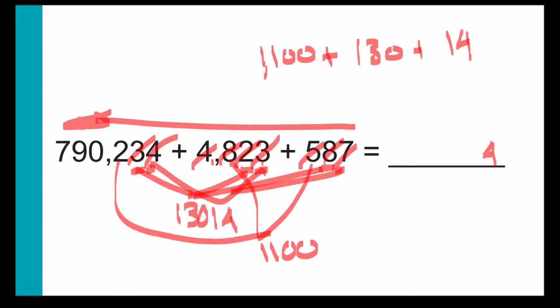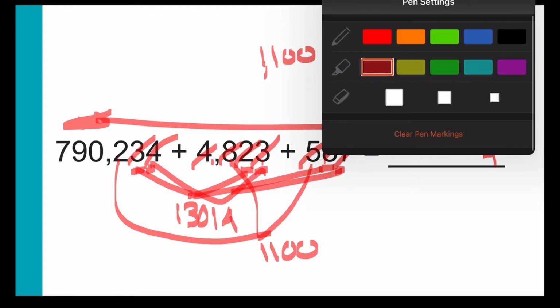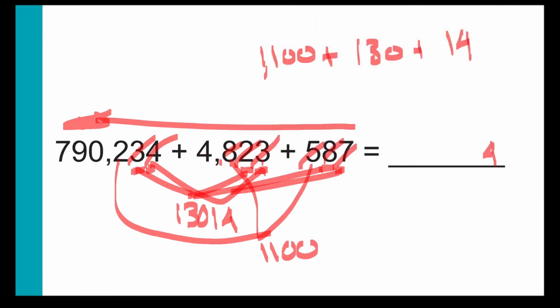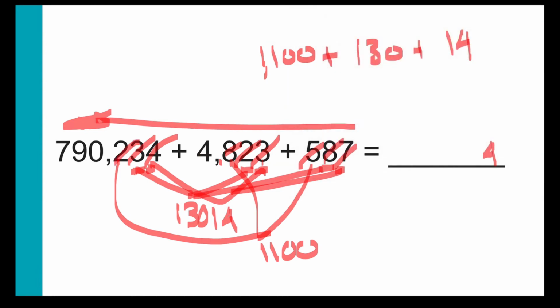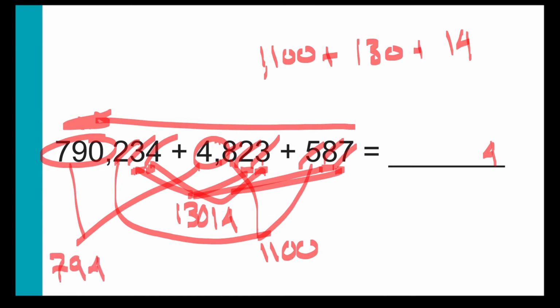All right, so now we're done with the, oops, just crossed out the thousands. I meant to cross out only the hundreds. Hundreds. And lastly, we have the thousands. 790 plus 4 is 794.